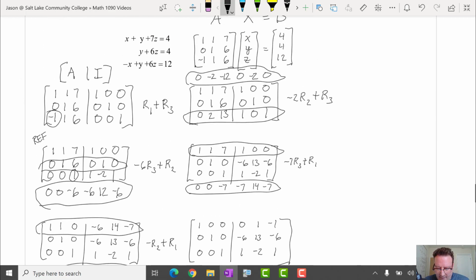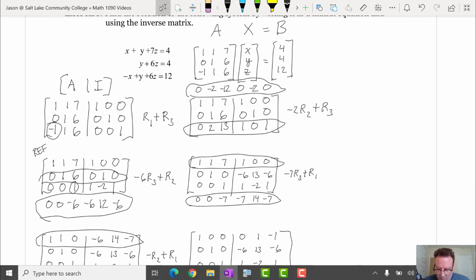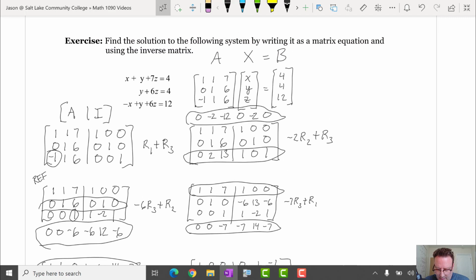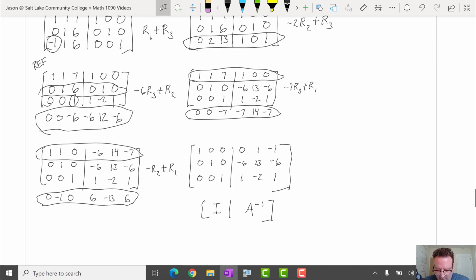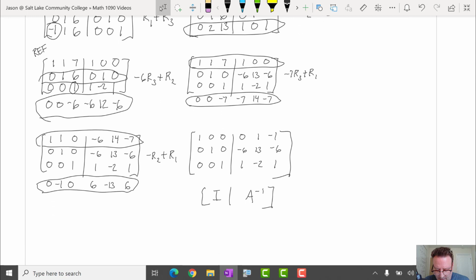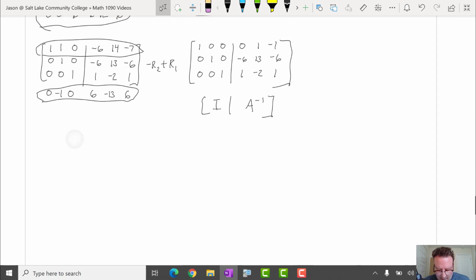Okay, so now we have A inverse. We can actually solve the linear system. I'll finish the problem right here down below.